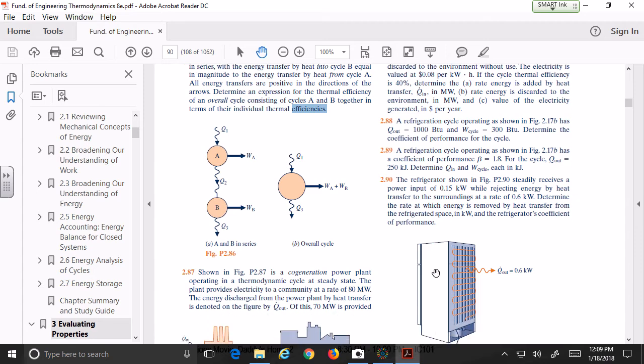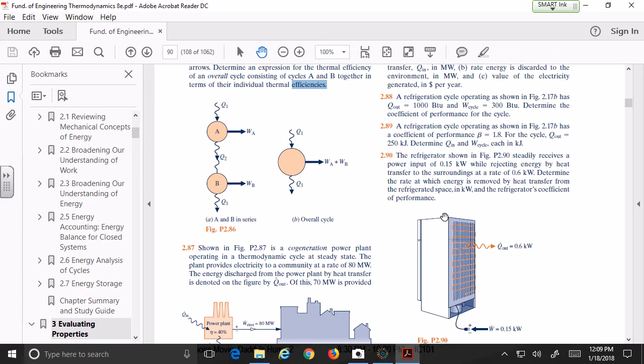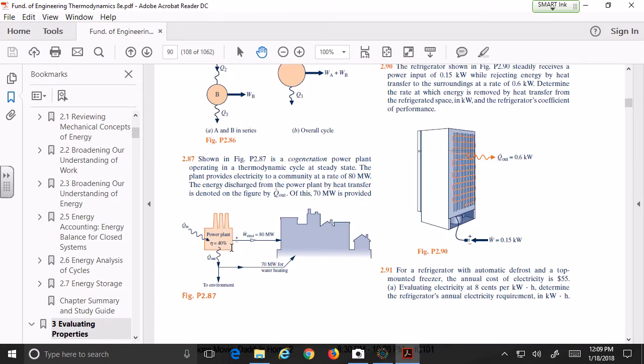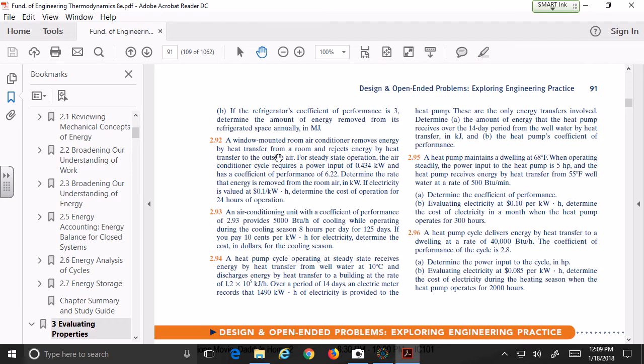I like the ones with figures because it gives me an idea what the problem is about. So 290. This will be some type of power cycle and refrigeration at the same time. This is a refrigeration cycle. Let's see that one for a heat pump. 292, so 92. And air conditioning, let's say 293, okay? A heat pump, yeah, so 293. So for now, you have that.